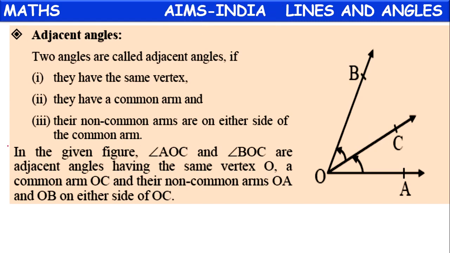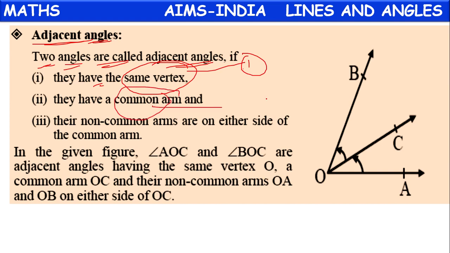So the next concept, children, is regarding adjacent angles. Two angles are called adjacent angles if they have the same vertex. First point, same vertex. Second point, they should have a common arm.